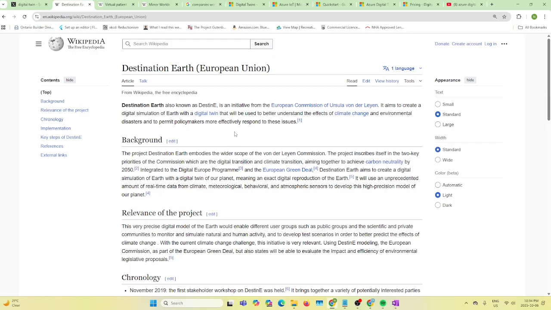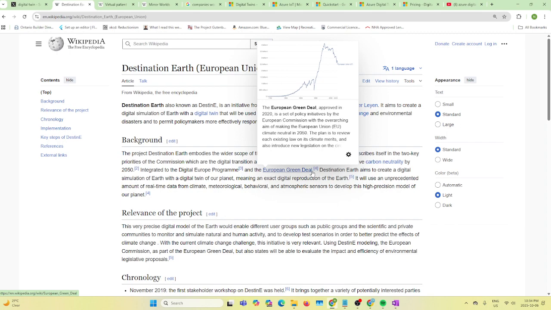The project Destination Earth embodies the wide scope of the European Commission. The project inscribes itself in two key priorities of the Commission, which are the digital transition and the climate transition, aiming together to achieve carbon neutrality by 2050, integrated to the Digital Europe program and the European Green Deal.